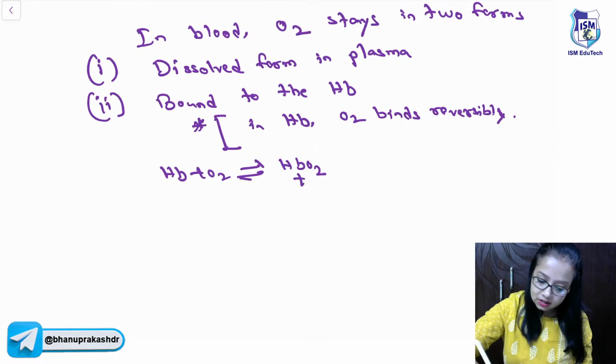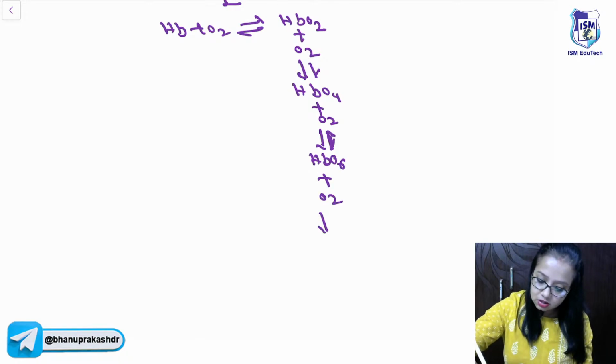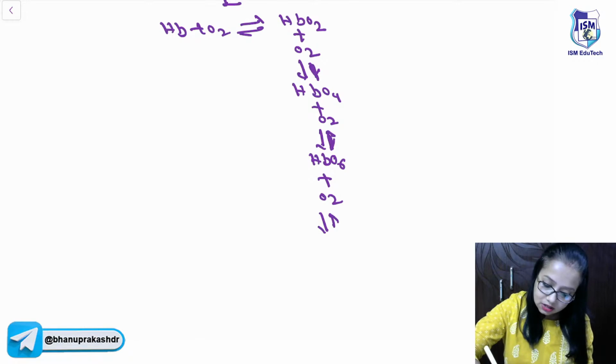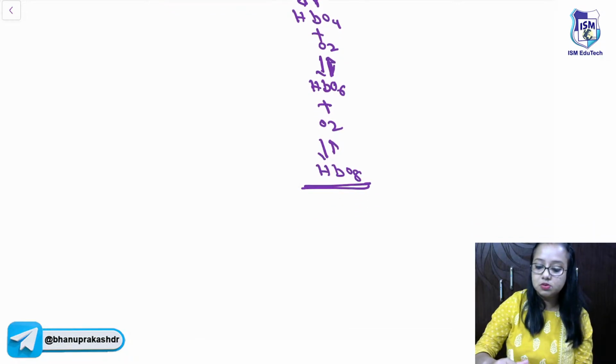To that another molecule will bind and it becomes HbO4. Like that, another binds and it becomes HbO6. Again another molecule binds, and it becomes HbO8, which is a fully saturated hemoglobin.